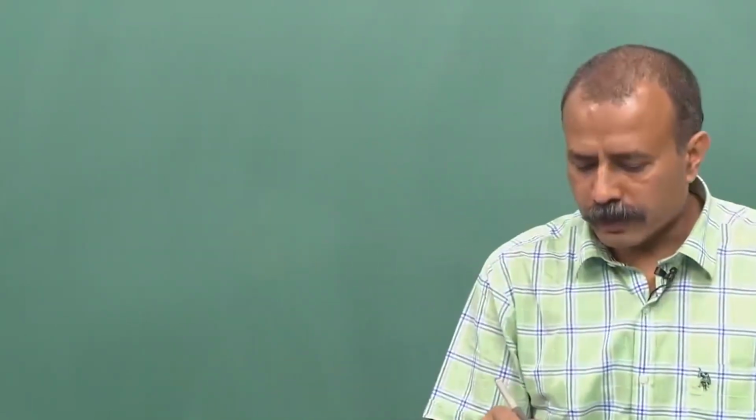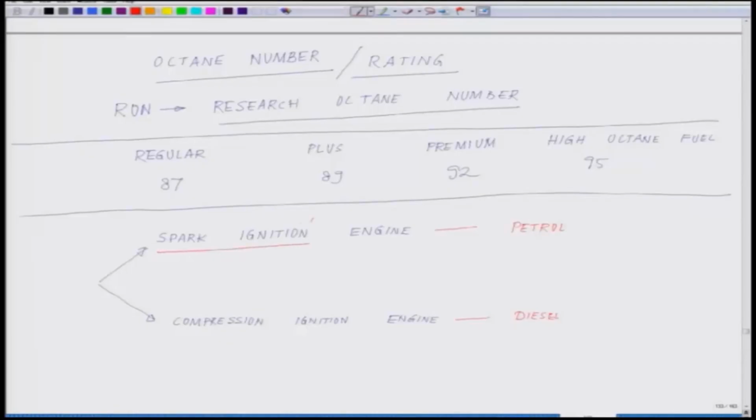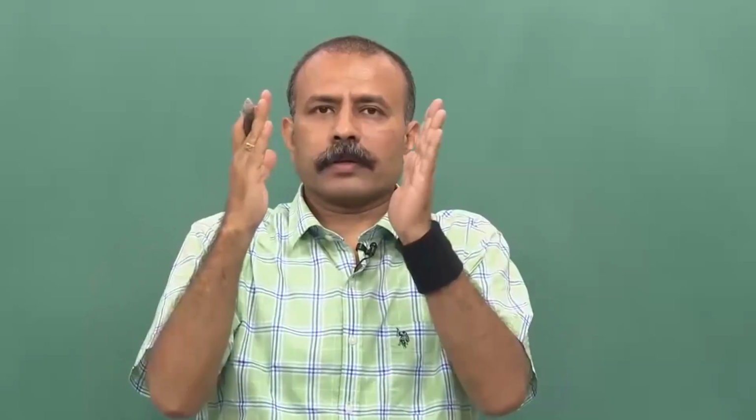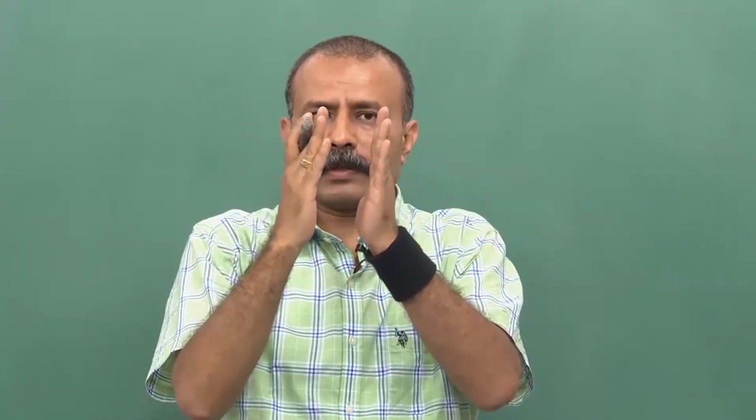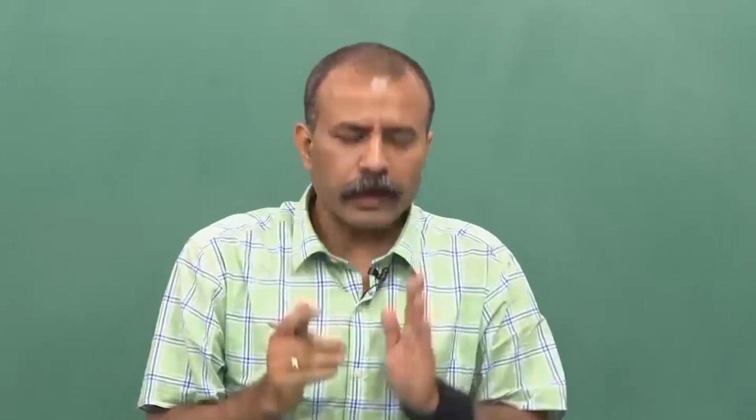But there is another word here. This is talking about spark. There is another word which is called compression ignition. In compression ignition, it is as if you are compressing something. If you compress, it ignites.